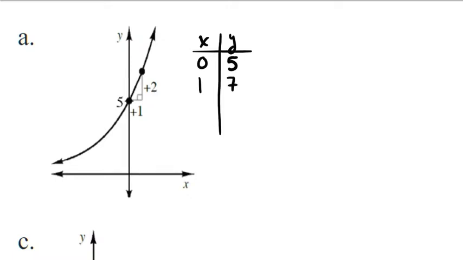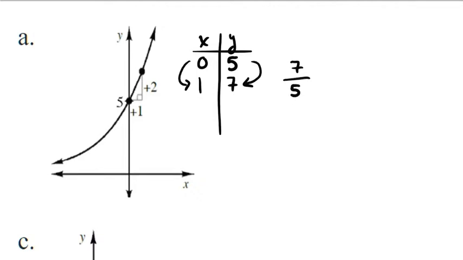Now, if I'm thinking about an exponential curve, the thing that I need to know is what is my multiplier, right? This is related to a geometric sequence, and when x increases by 1, the question is what do I multiply by to move from 5 to 7? Well, because these two values are adjacent to each other, I can take the newer value, 7, and divide it by the value that precedes it, 5. And I get here a multiplier.